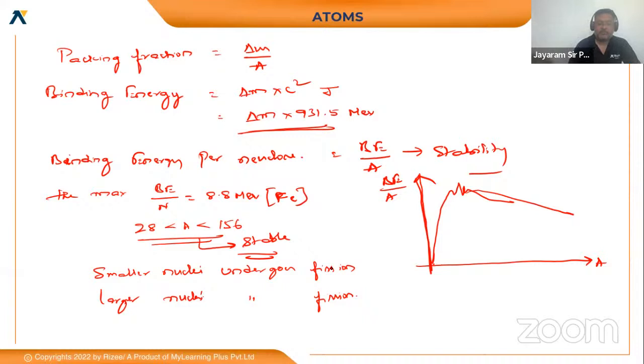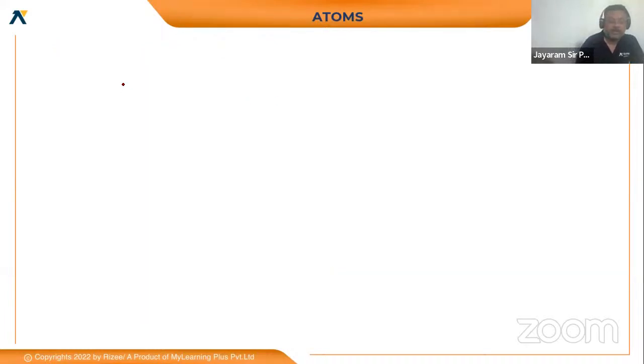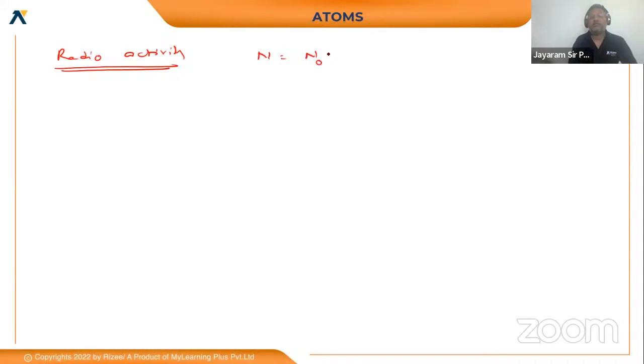Right, sir? So the other major thing in this is radioactivity. What is the radioactivity formula? Alpha particles, beta particle decay. The number of particles decayed is equal to initial number into e to the power of minus lambda into t.